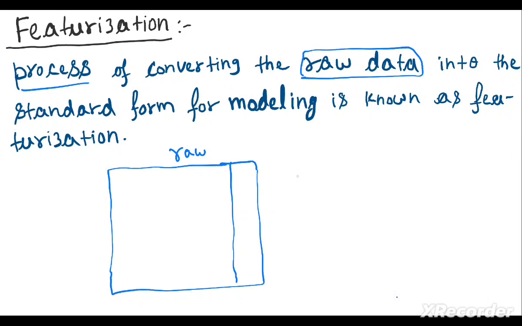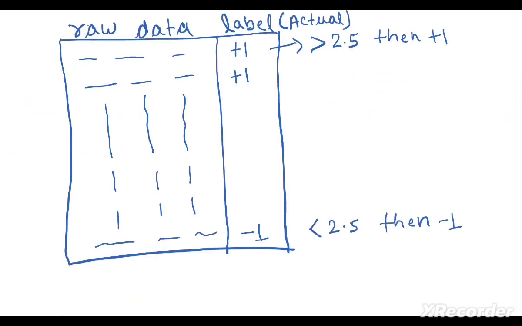I mean, AI just understands numericals and nothing else. So you download the raw data, consider the example of Amazon fine food reviews, and then we convert it into standard forms. How we do that, we will see in the series of videos. So let's move on to the next slide.